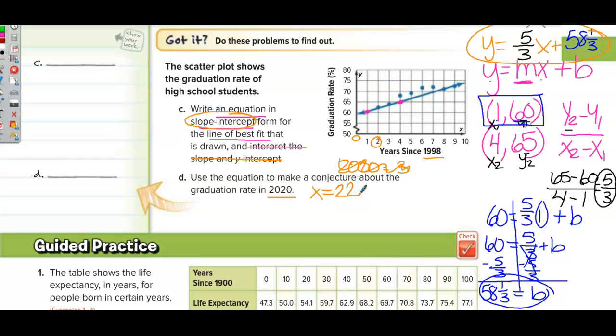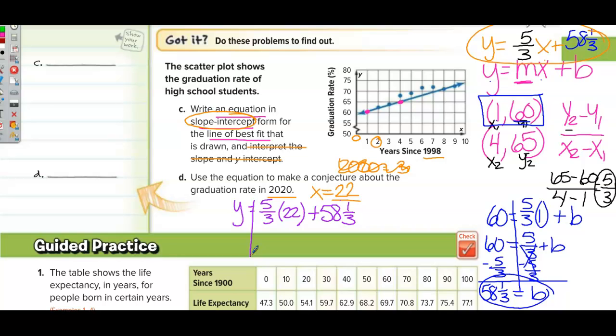So to figure out where x is 22, what is the value of y? We replace x with 22 in our equation that we just wrote. So y equals 5/3 times 22 plus 58 and 1/3. Now I just do my order of PEMDAS since everything is on the same side of the equation.